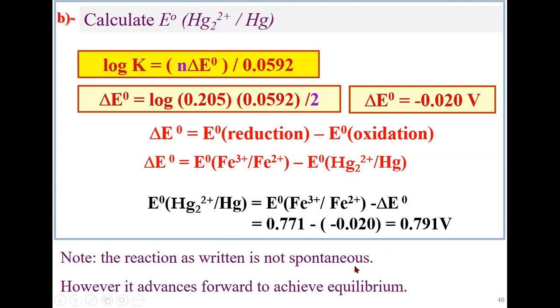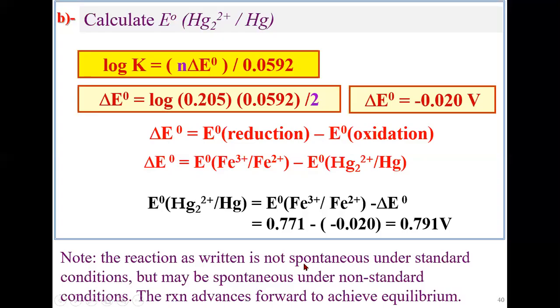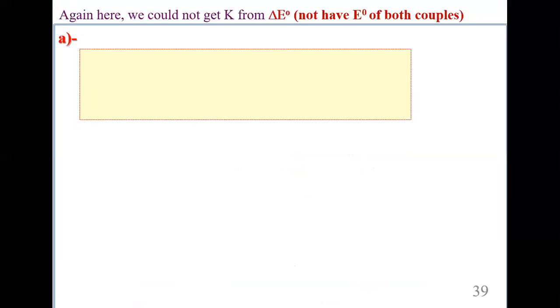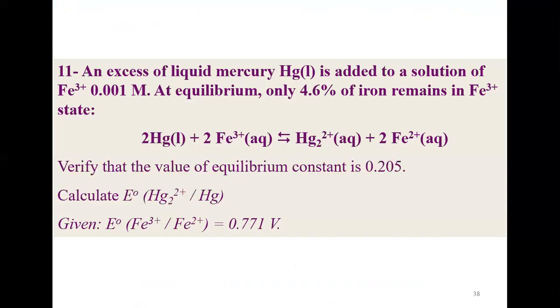Again, it's not spontaneous under standard conditions. No matter what, it's very difficult for us in this case to get the corrected E for each couple, because initially I have 0 in the initial reaction.